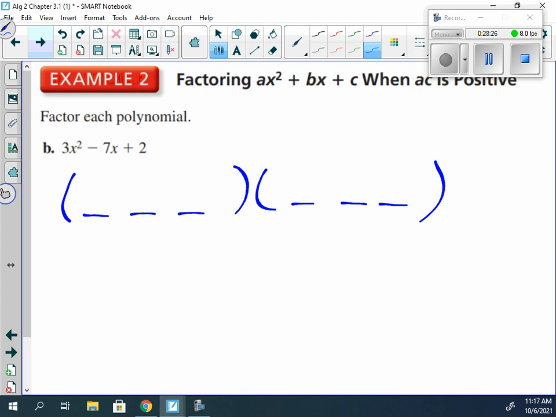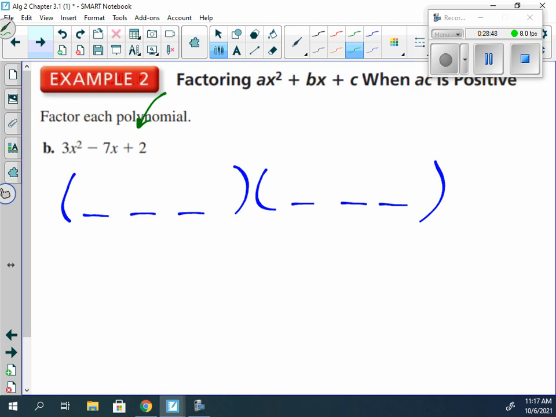And this kind of gives us our overall setup of how we're going to do this here. Now, that finishes step 1 and 2. Step 3 is to find the sign. So if we're finding the sign, well, we look at the third term. If the third term is positive, the signs are the same and they match the sign of the middle term. If it's negative, the signs are opposite.